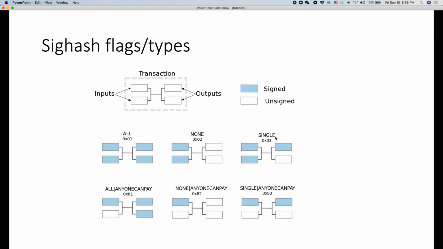There are six combinations actually that you can use, which give a lot of flexibility to control exactly which outputs and inputs we want to include in the signature, so that they cannot be mutated after we sign it.